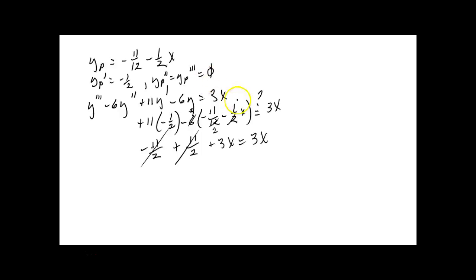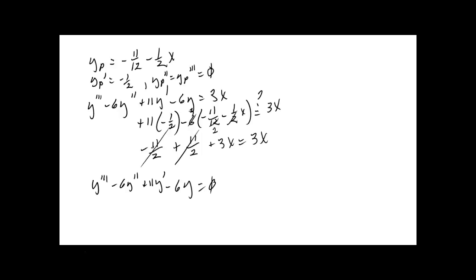You lose the non-homogeneous part, and you just do y triple prime minus 6y double prime plus 11y prime minus 6y is equal to 0. And you try to come up with a complementary solution for that. In other words, what y will work there. Okay?